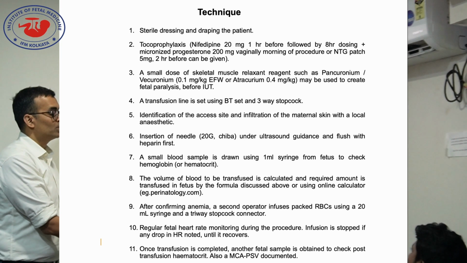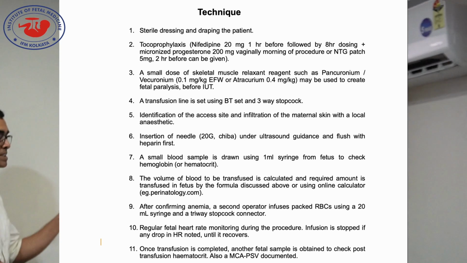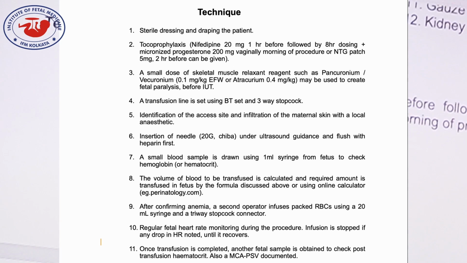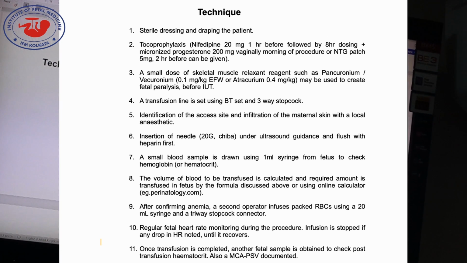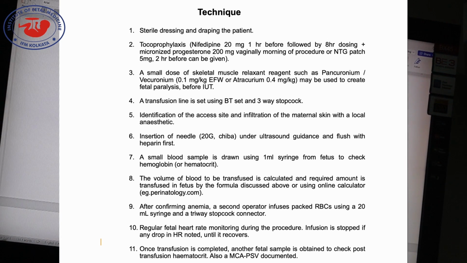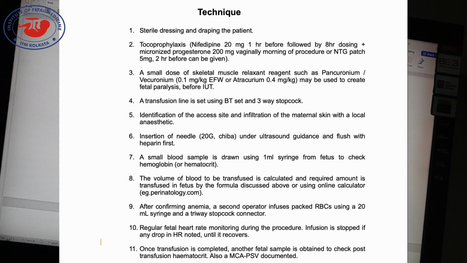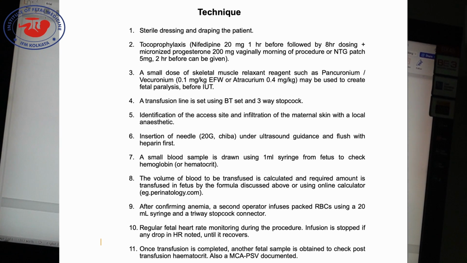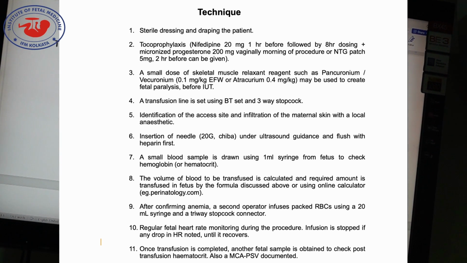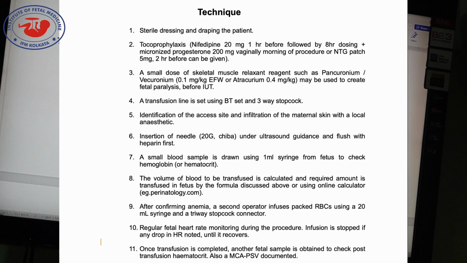Now the technique. We know all the sterilization, the dressing, draping, everything. Tocoprophylaxis is important. Tocoprophylaxis means we want to stop the contractions. Nifedipine 20 milligram 1 hour before, followed by 8-hourly dosing, plus micronized progesterone 200 milligram vaginally on the morning of the procedure.